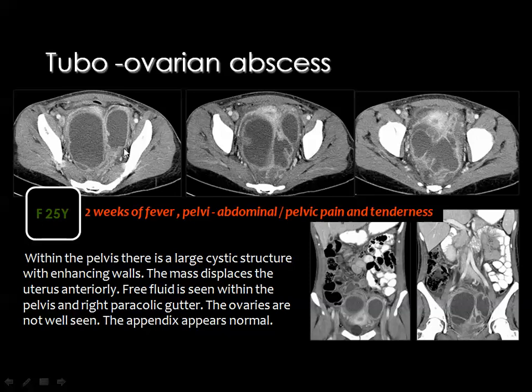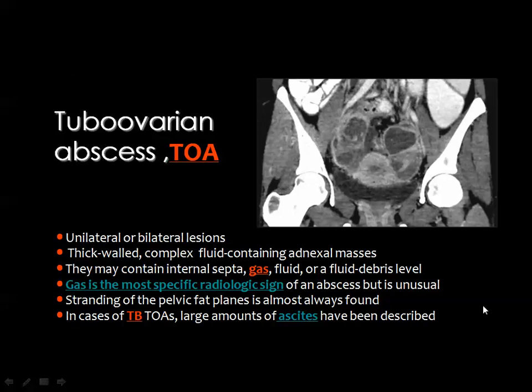The margin is of uniform thickness. There may be internal loculation, as you can see here, and this is bilateral tubo-ovarian abscesses.